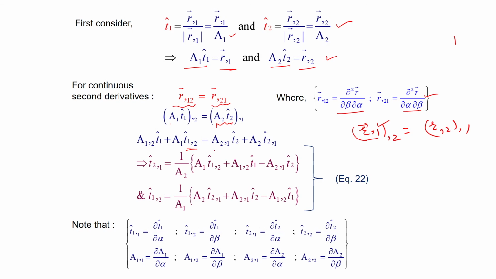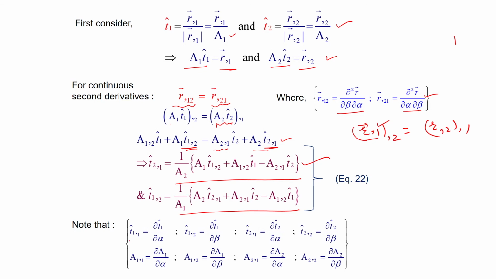This equals the differentiation of A2 comma 1 with T2 hat remaining the same, plus A2 T2 hat comma 1. From this equation we can find T2 hat comma 1, and T1 comma 2 can be written in some other way as well.